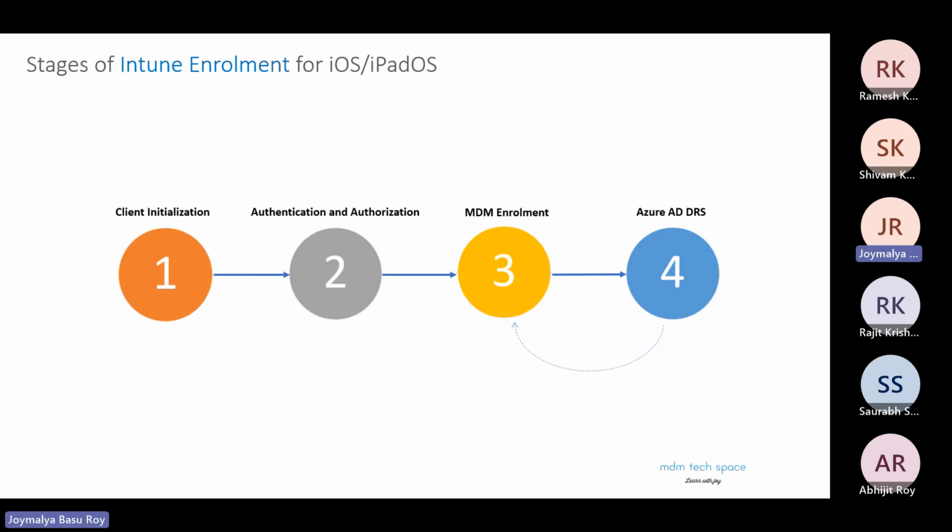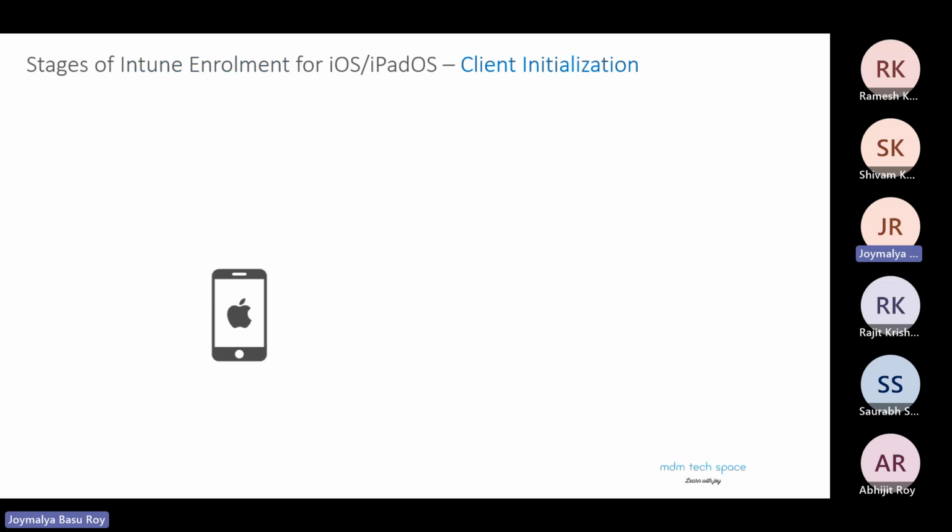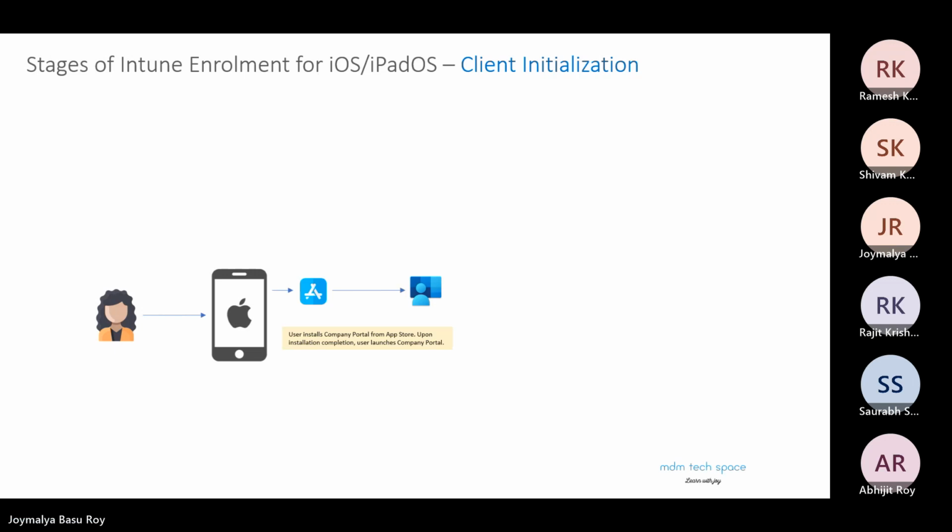So we will start with client initialization. The user goes to the App Store and installs the Company Portal app, as I said. When the user starts the Company Portal app for the first time on the device, this is when Company Portal reaches out to the Apple Push Notification Service to request a registration for an APNS token.